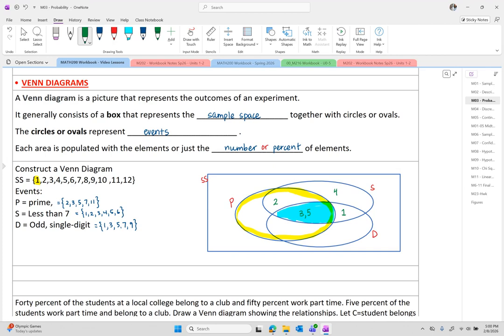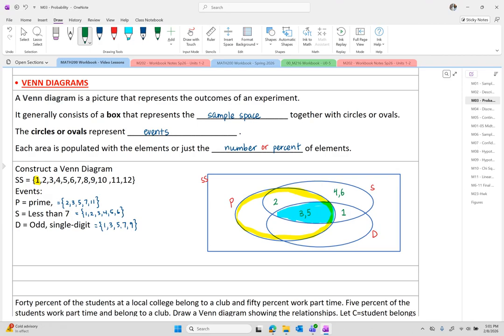It will go together with 3. The number 6 is less than 7, but not prime or odd, so 6 will go in the S bubble, but not inside any of the other 2 bubbles.